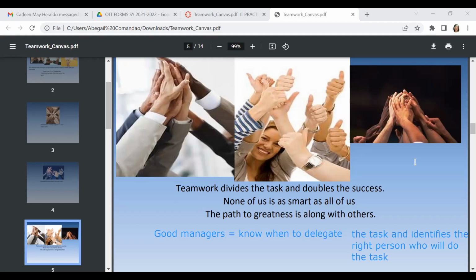So how did I know whom to trust? Because after experience with one particular employee, who was able to deliver the task immediately, I gave him the next task, right? So with this, I am able to achieve the target. And at the same time, he also gets a good performance evaluation from me.